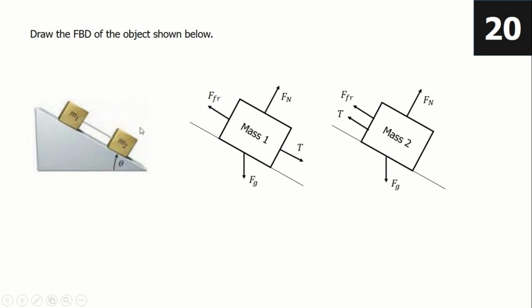And you can see that here, caused by the tension or being pulled by mass 1, by the weight of mass 1. Since mass 2 is also moving downwards, down the incline, frictional force is opposite that. So upwards frictional force.